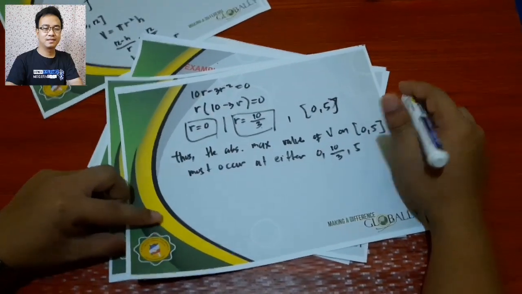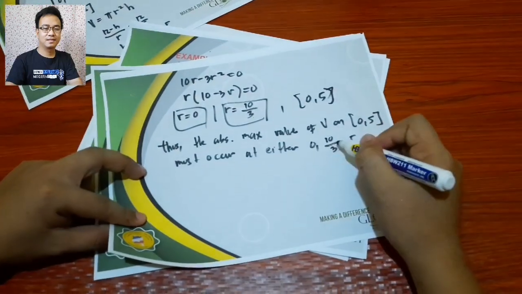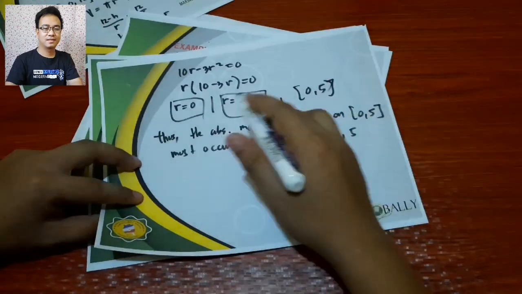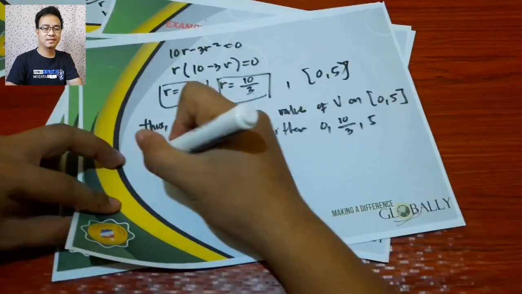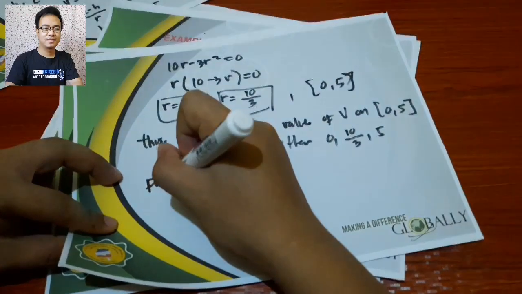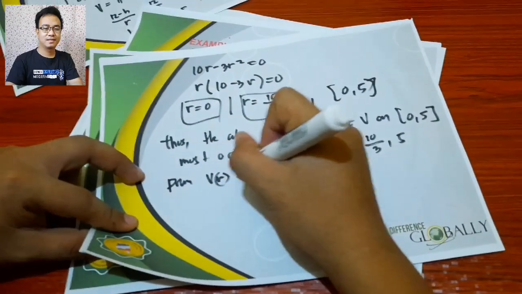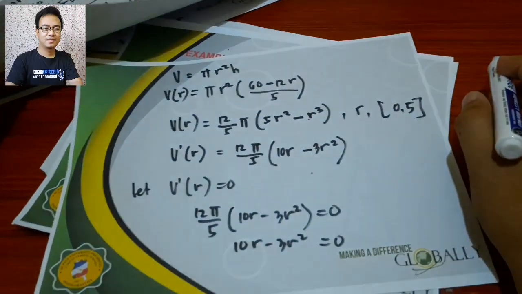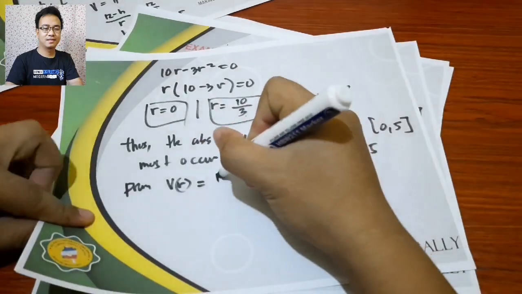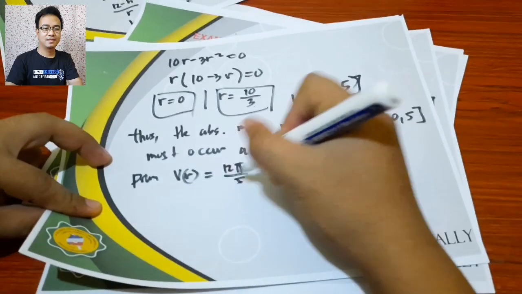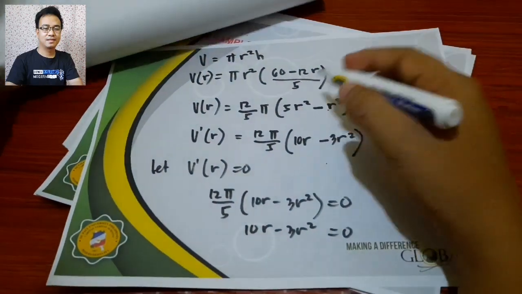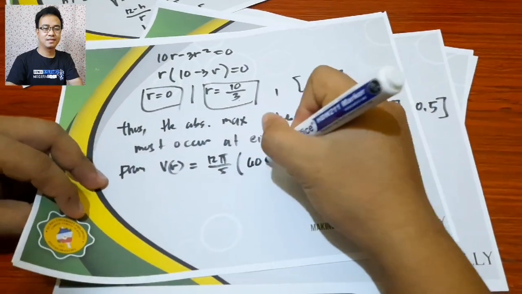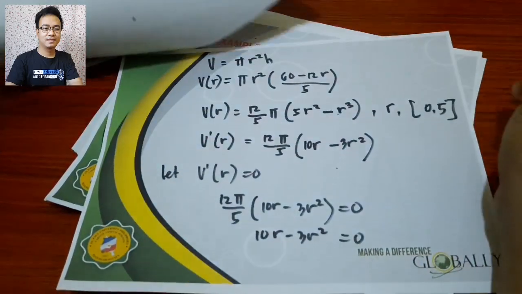Okay, so now substituting the values 0, 10 over 3, and 5 in our original function, V of R equals 12 pi over 5 times 60 minus 12R.